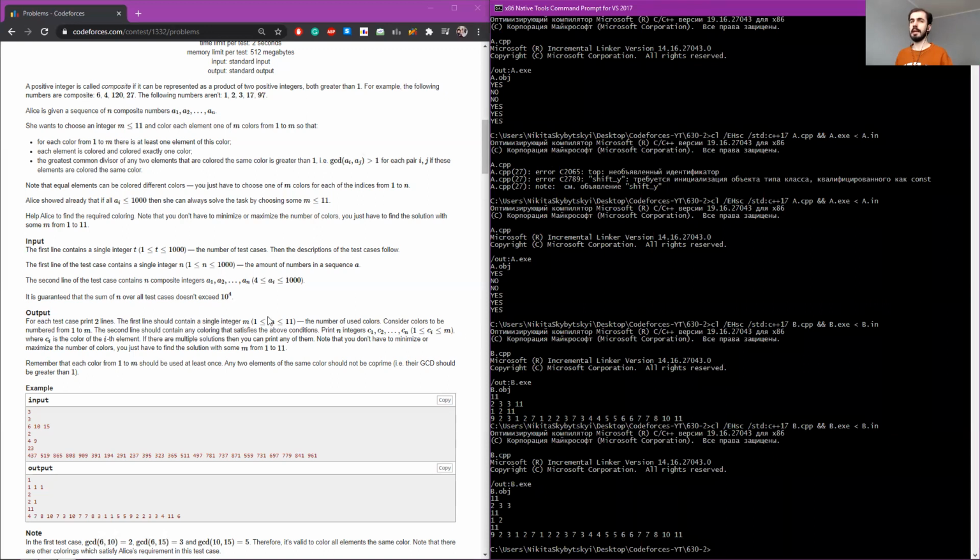We don't have to be optimal over m. So this works. Like 6 is divisible by 2, 10, and by 3. And the index of 3 is 2. So we can always output 11.